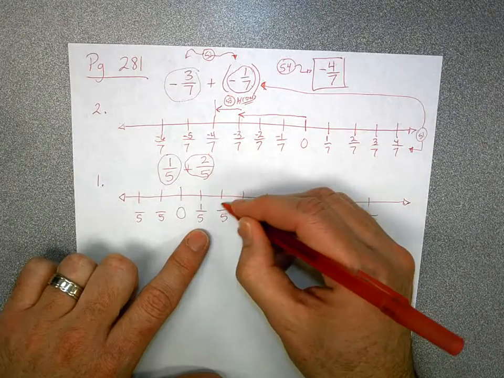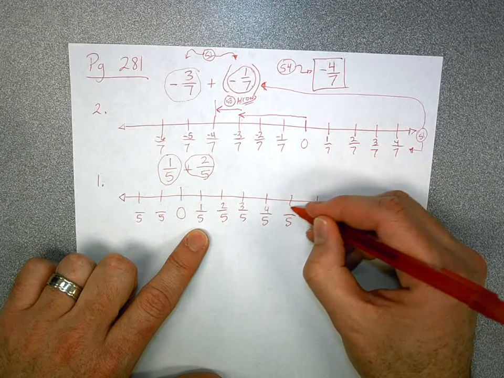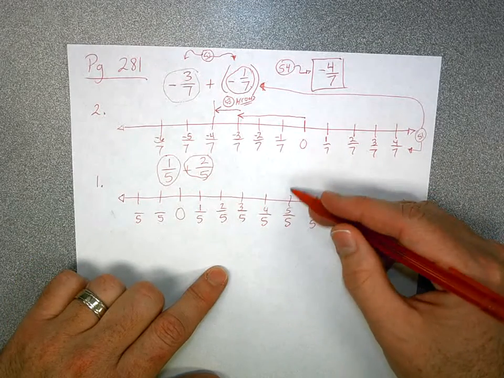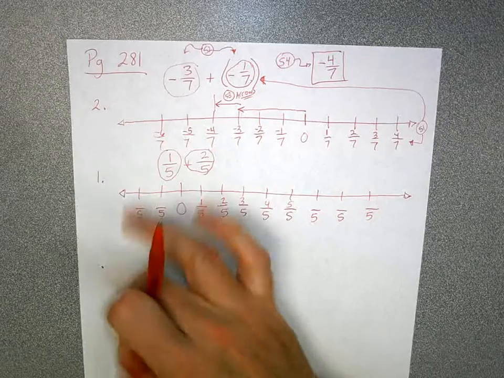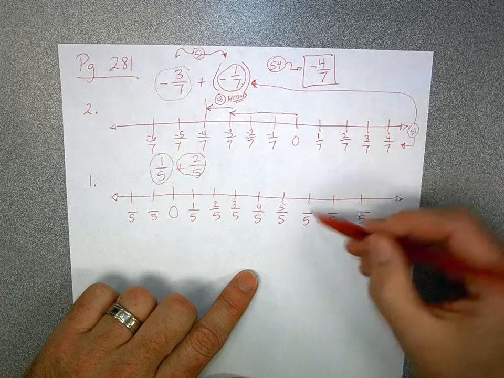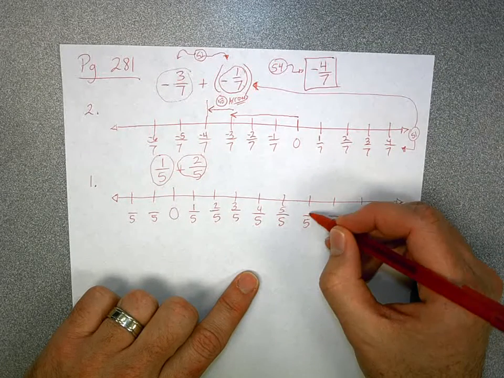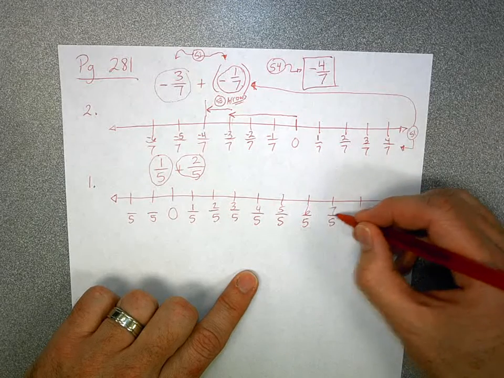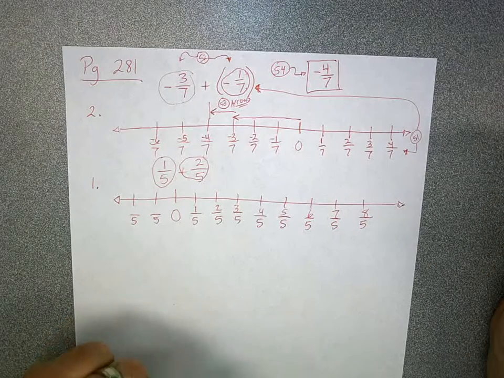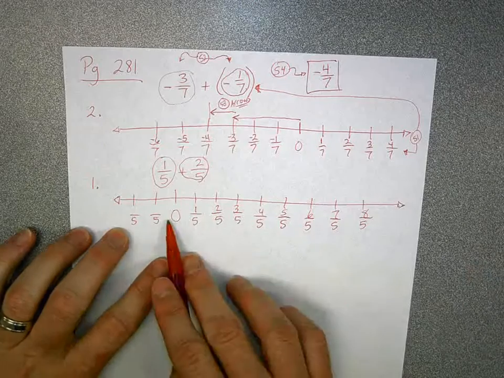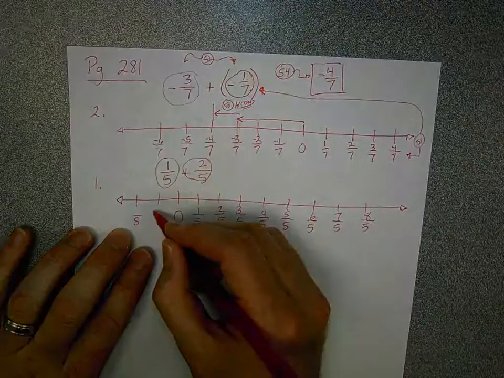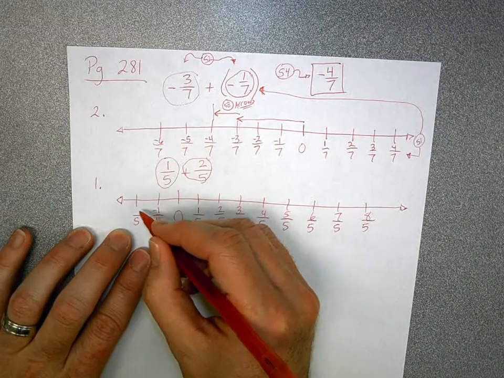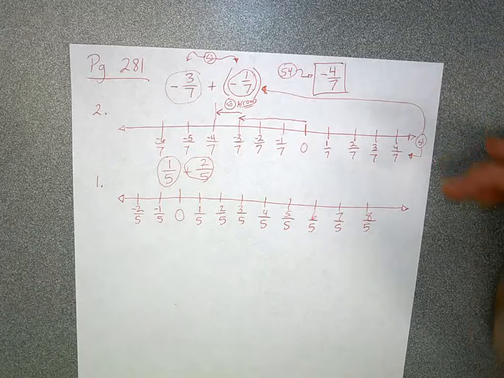We can go 1, 2, 3, 4, 5, and actually that would be equal to 1. I'm just going to keep them as improper fractions here: 6/5, 7/5, 8/5. And then on the left side, of course, they're negative. We go from right to left, so we have -1, -2.